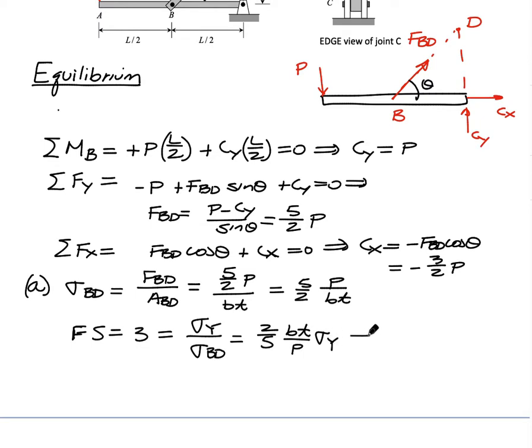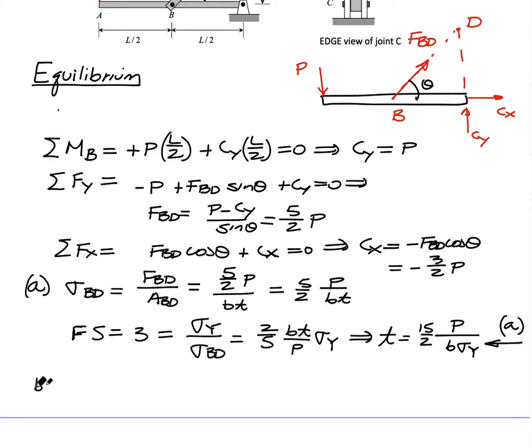From this, we see that the thickness T then is equal to 15 halves of the load P divided by B sigma Y. So that's the answer that we need there for A. This is the minimum thickness that we can have and still maintain at least a factor of safety of 3 for yielding.